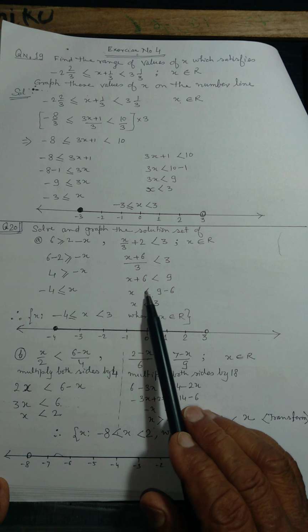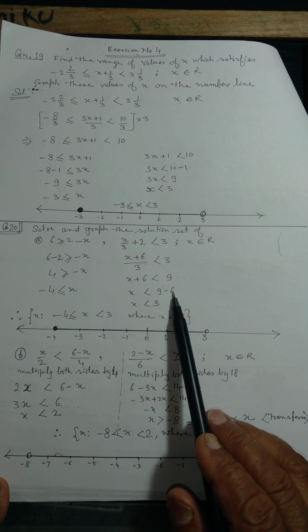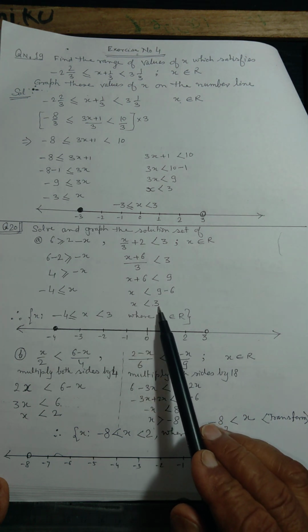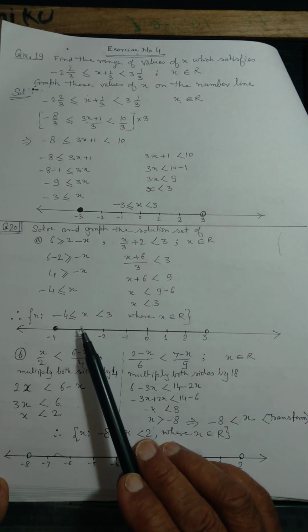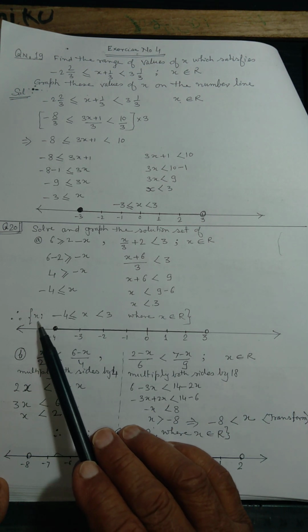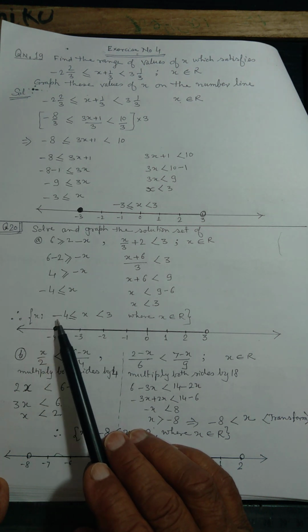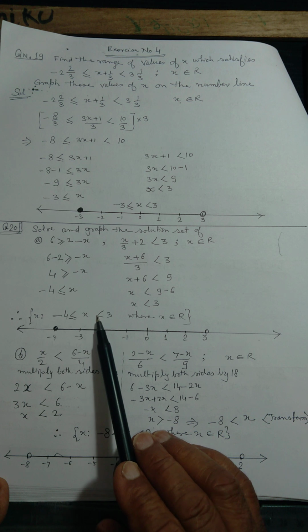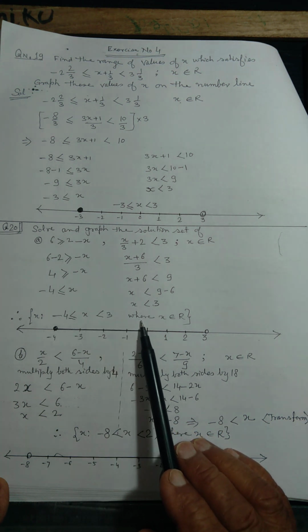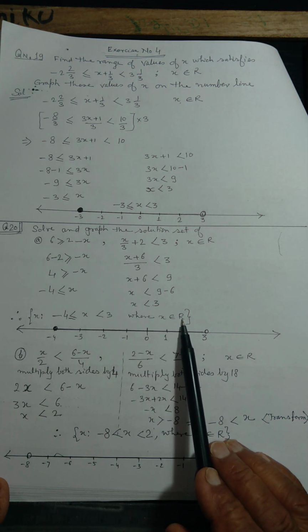So x is less than 9 minus 6, so x is less than 3. Combining these two, we get x such that minus 4 is less than or equal to x and x is less than 3, where x belongs to real numbers.